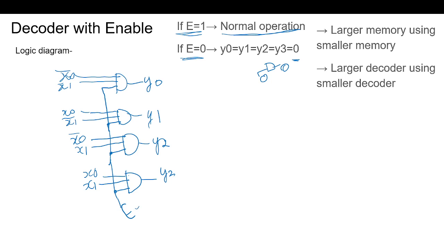If enable is 0, then all the outputs will be 0. If enable is 1, then we will have the normal operation.